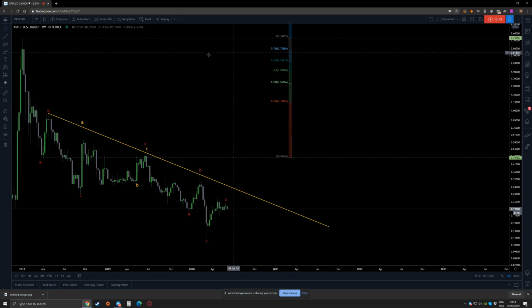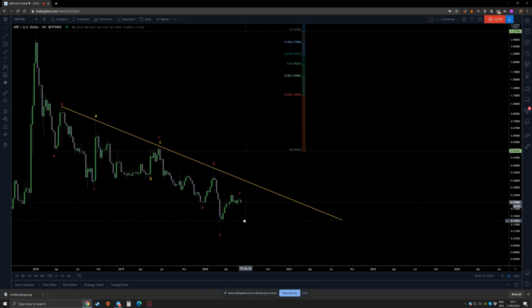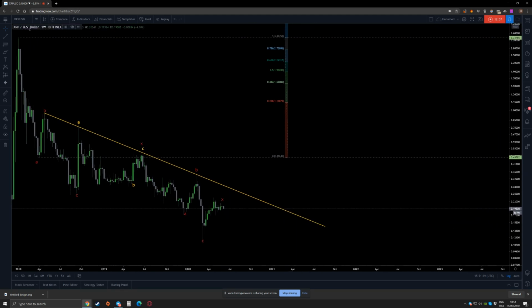In that case, it means that this crypto will no longer be valuable. So it will never go to its absolute high. And if you're thinking that the cryptos are the future, and if this crypto XRP cannot even go to 3.33, then it's not good.